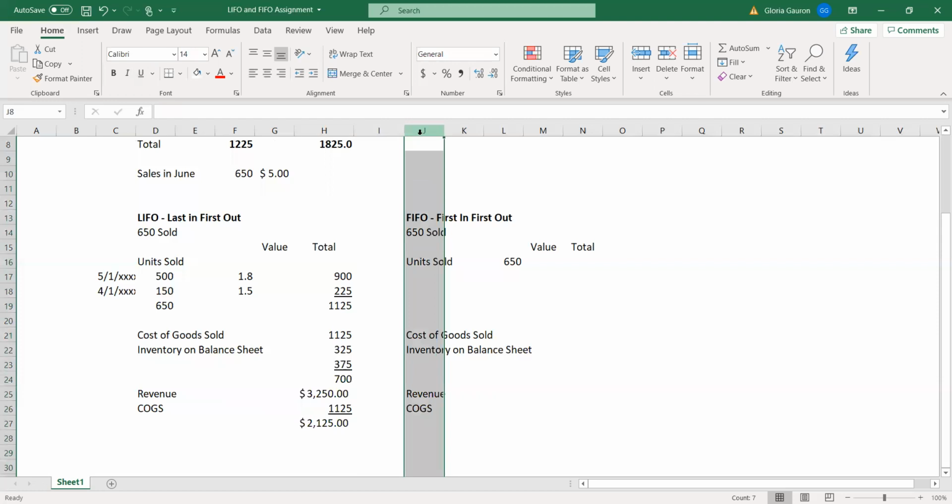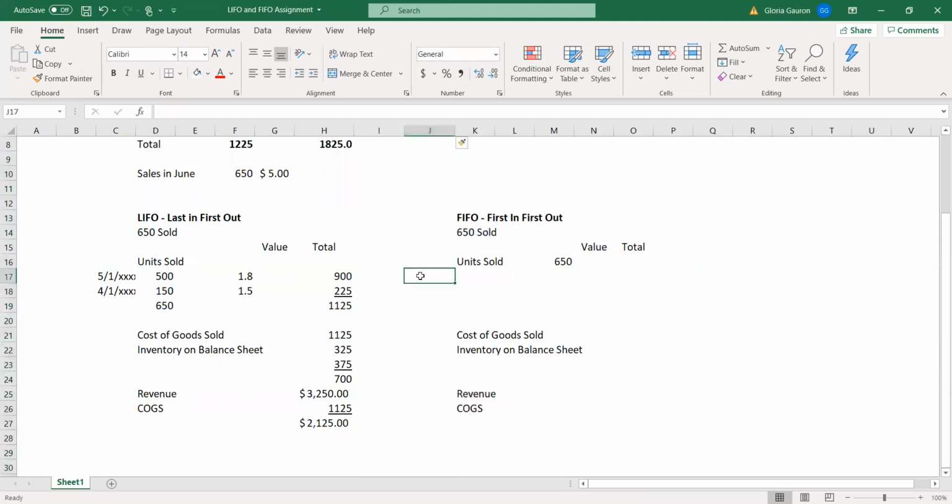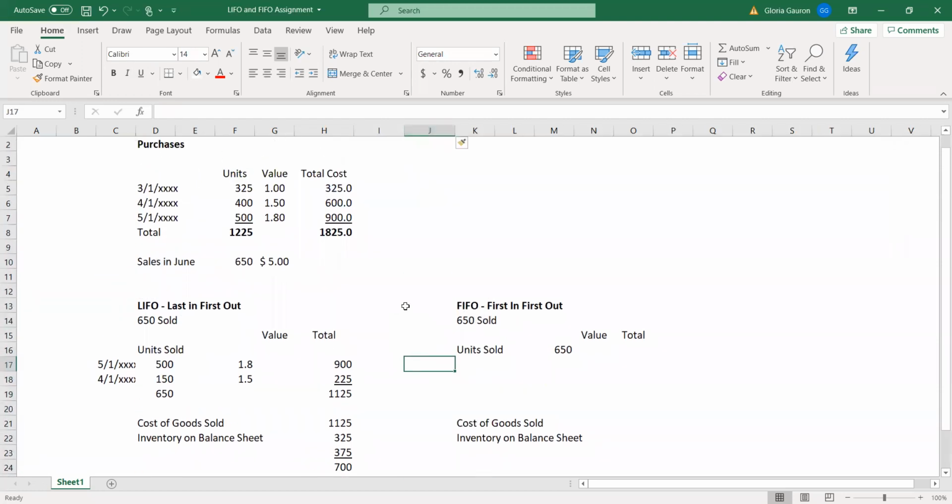So using the FIFO method, now what I want to do is take the inventory that I purchased first and use that up until I get to 650 units. So my first purchase was in March, and I purchased 325 units at $1 with a total value of $325. So I'm going to take all of that inventory, right?